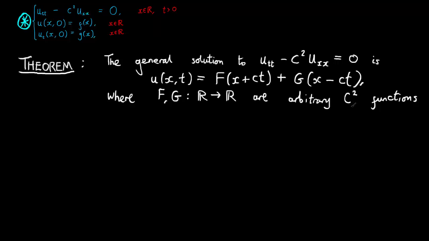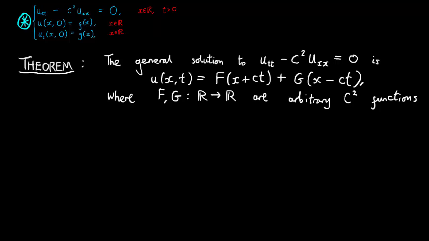So that is they're twice differentiable, so that they can satisfy the wave equation, because the wave equation is defined in terms of second derivatives with respect to t and second derivatives with respect to x. And they're arbitrary, so this uppercase F and uppercase G aren't related to the lowercase f's or g's by this theorem.